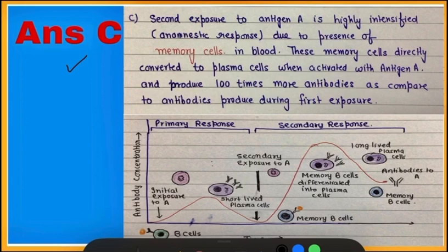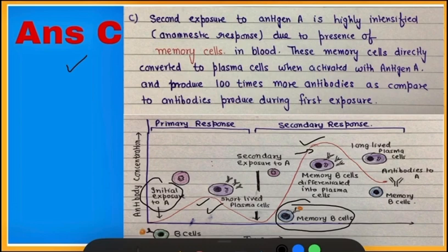Answer of part C, compare the peak concentration of antibodies during first and second exposure to antigen A. Second peak is higher than the first peak because second response is highly intensified and quick due to the presence of memory B cells.